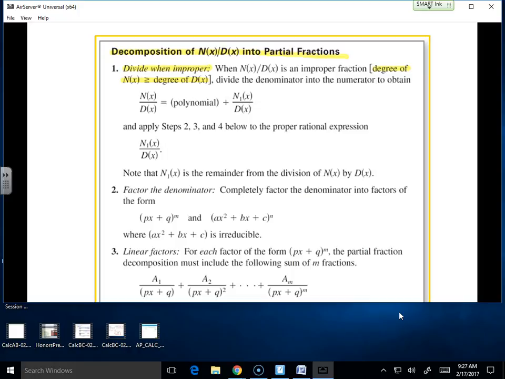Divide when improper. Whenever we have an improper function, degree of the top is greater than or equal to degree of the bottom, we have to divide. And how do we divide?